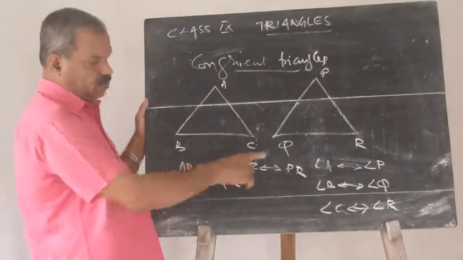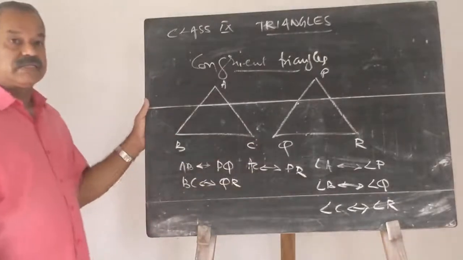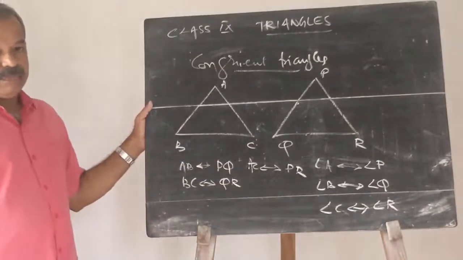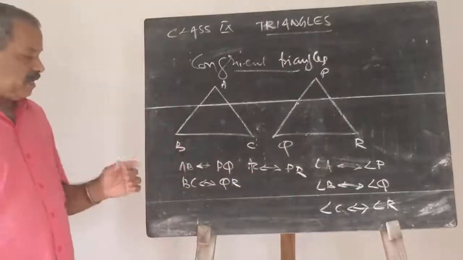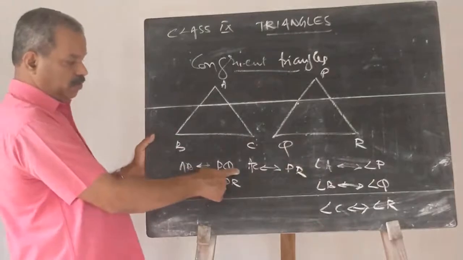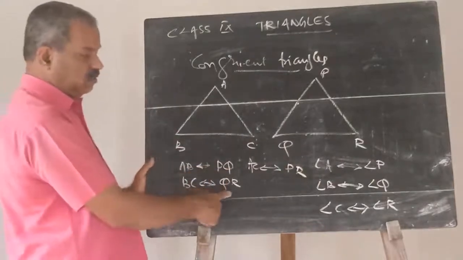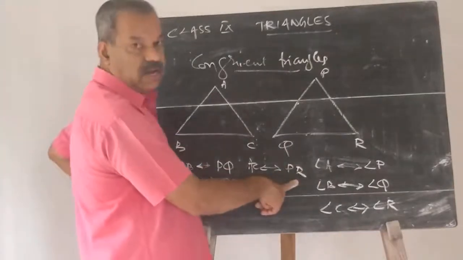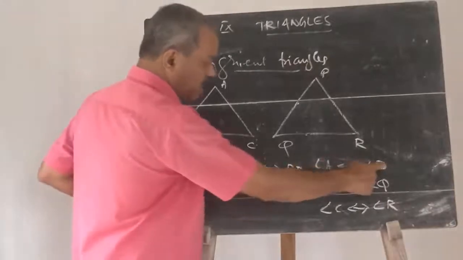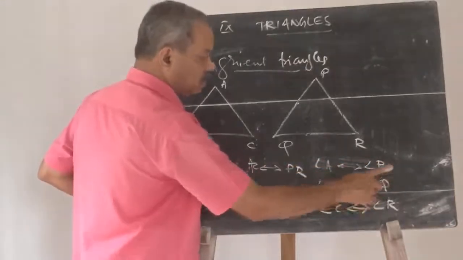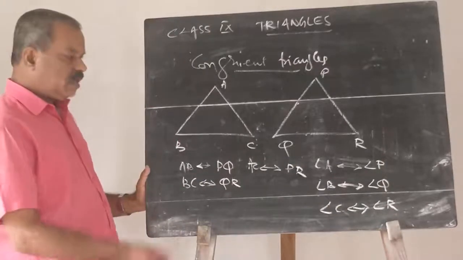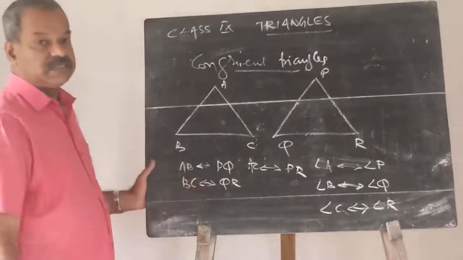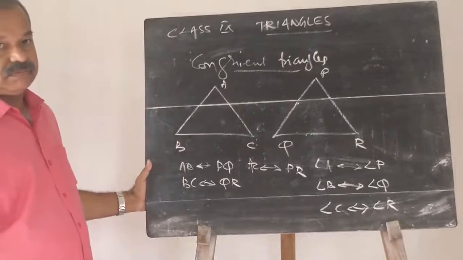If all the six correspondences are equal, that means if AB equal to PQ, BC equal to QR, AC equal to PR, and angle A equal to angle P, angle B equal to angle Q, angle C equal to angle R, such a correspondence is a congruence.